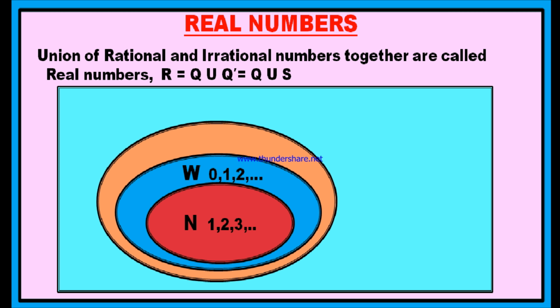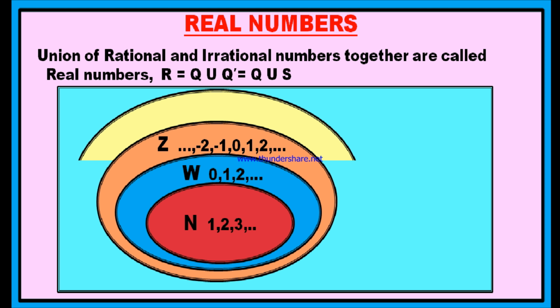Now this is the set of integers. The set of integers may start from minus infinity and end with plus infinity. Therefore, every natural number is an integer and every whole number is an integer. And besides whole numbers, there are negative numbers also in integers. Therefore, both natural numbers and whole numbers are inside the set of integers.